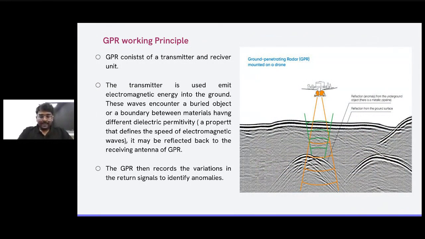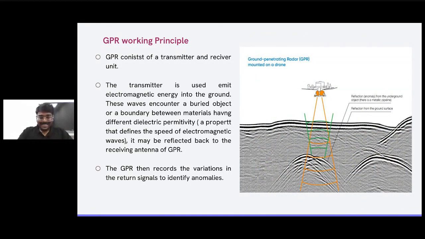These signals go into the ground, and their properties such as amplitude, frequency, and speed vary on different objects.